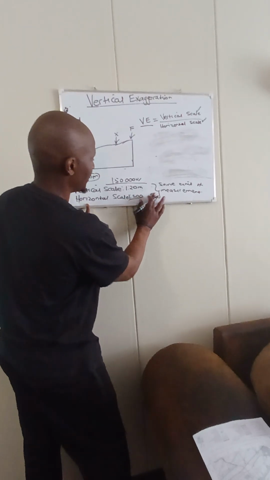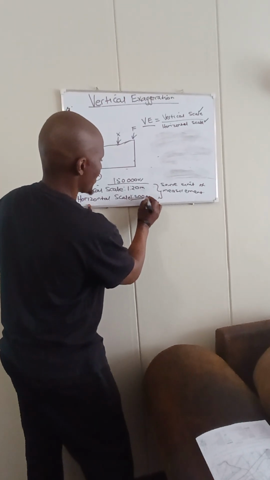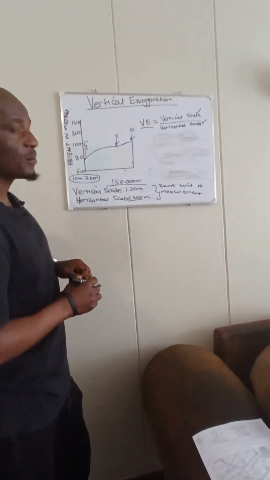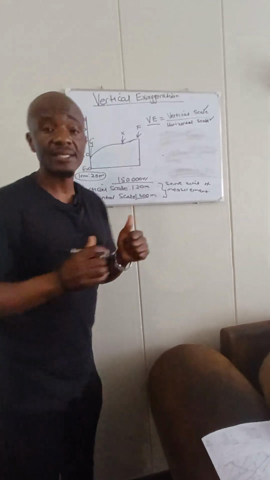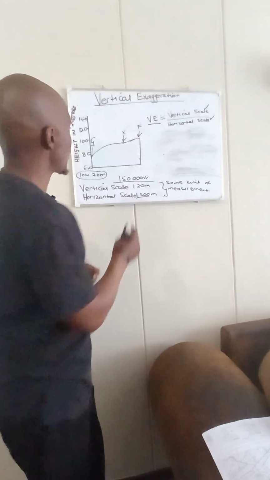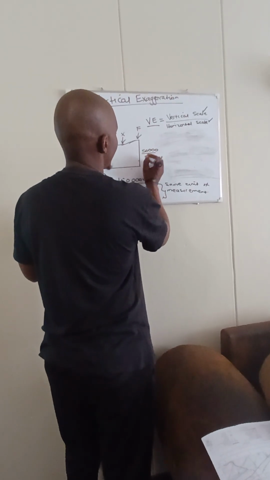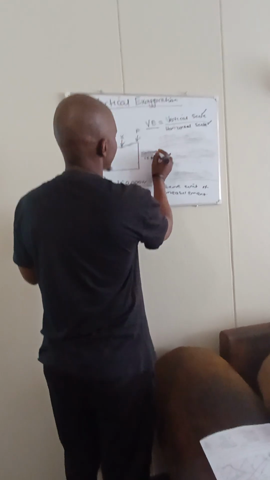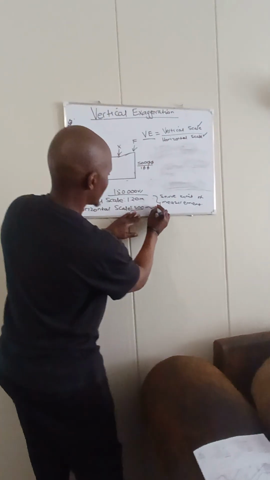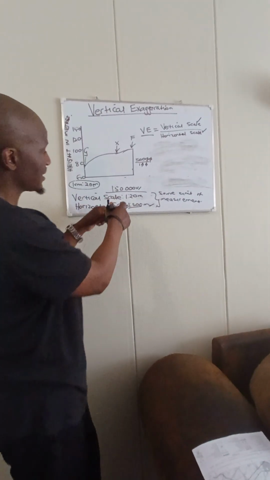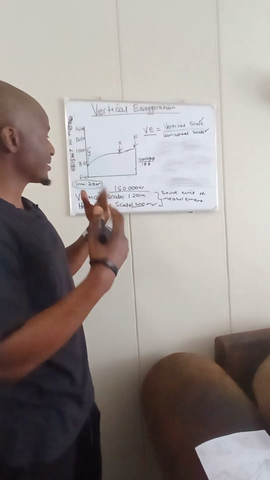What is it going to be here? It's going to be 500. Where did I get the 500 from? Because how many centimeters are in a meter? It's 100. So I simply said 50,000 centimeters divided by 100, and that's how I got 500 meters.